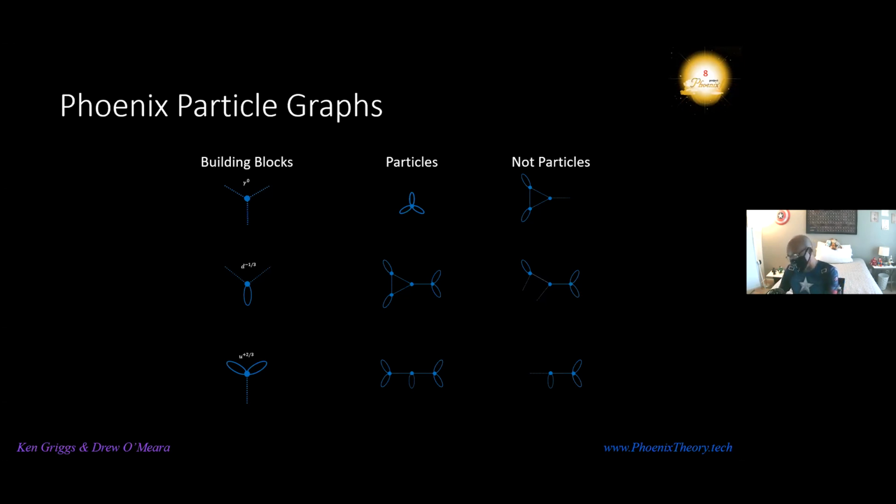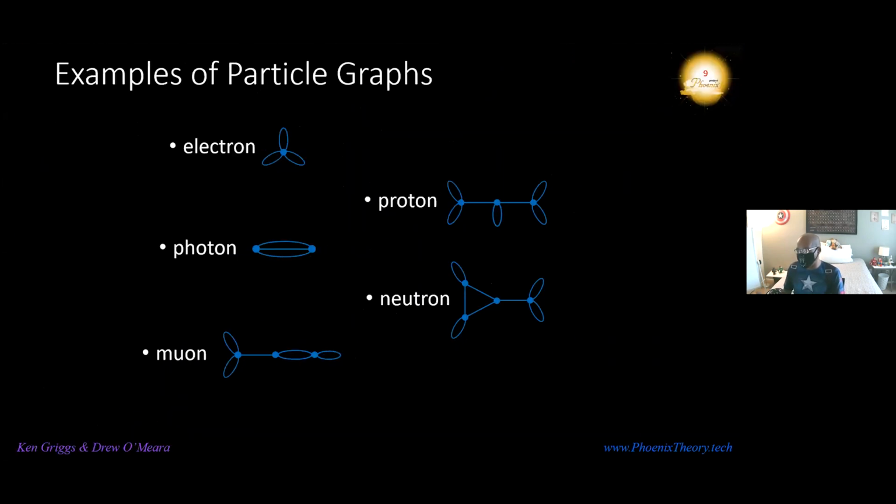What we're demonstrating here in the middle is that they always have to be connected. That's what constitutes an actual graph in Phoenix. So it does help to resolve one of the critical questions of quark theory, which is why you can never actually observe an up quark or a down quark or a strange quark or a charm quark all by themselves. These graphs constitute that reason.